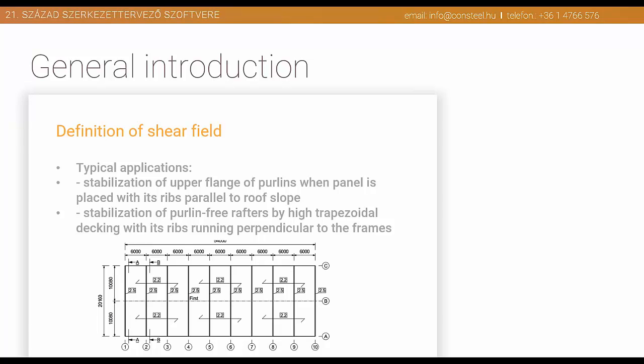This can ensure an economic design by considering the stabilization effect of something which by traditional design was usually not considered. As you will see in the calculation, if a shear field is appropriately built, it has surprisingly high stabilization effect, which is usually disregarded.